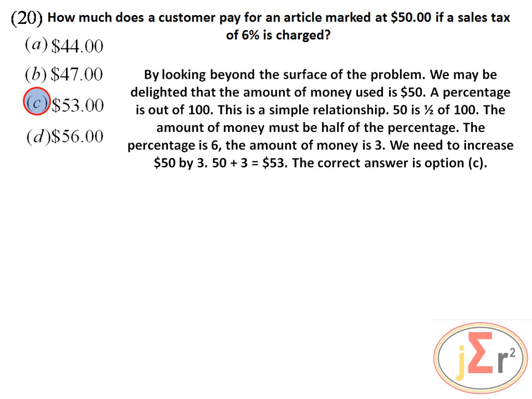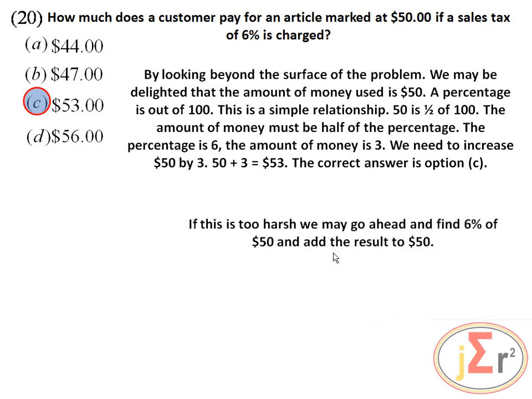If it does not, then we have other approaches that we may use in solving the problem. But it is not difficult to see, since we are talking about percentage, 50 is a half of 100, therefore whatever we are using for the amount of 6%, it must be a half of 6, which is 3. But if that is not so clear-cut, let us move on.